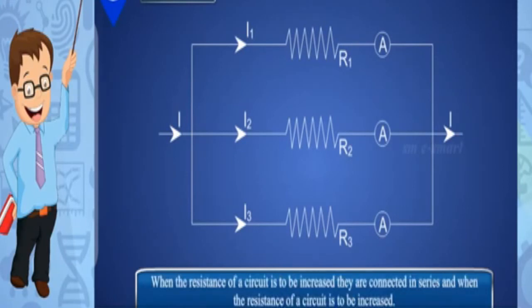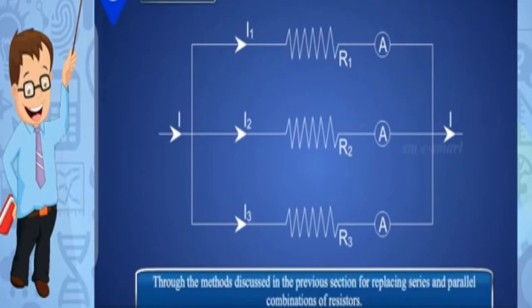When the resistance of a circuit is to be increased, they are connected in series, and when the resistance of a circuit is to be decreased, in order to pass a heavy current in the circuit, they are combined in parallel.